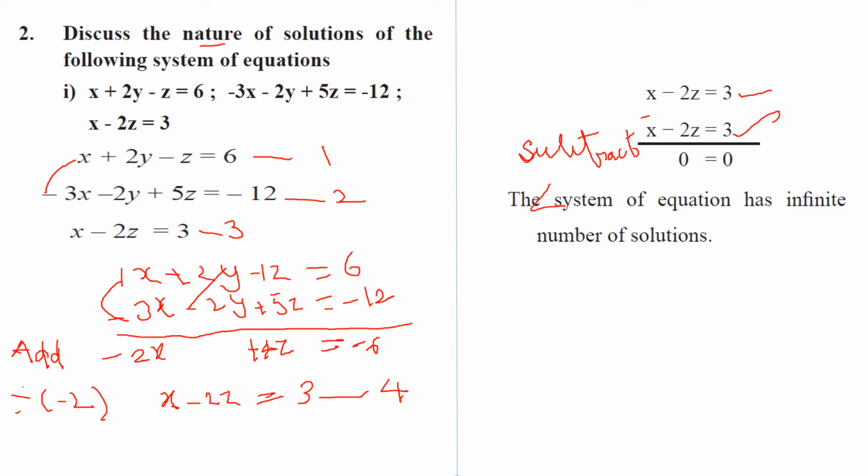Here minus 2z means plus 2z. Here plus 3 minus 3. Cancel x minus x. Minus 2z unlike sign. Here also 3 minus 3. So our answer is 0 equal to 0. That means the system of equations has an infinite number of solutions.